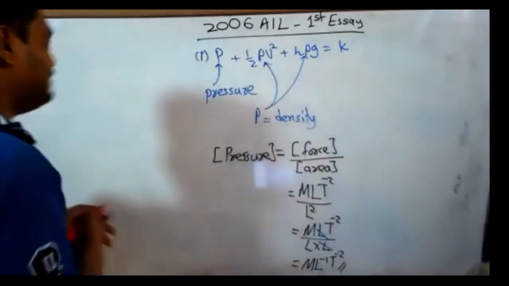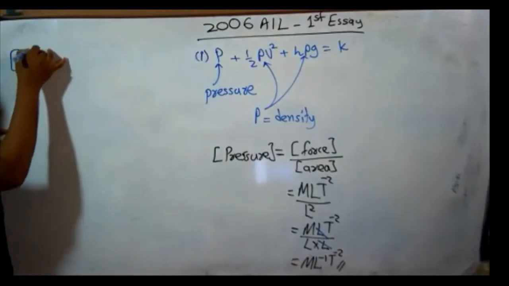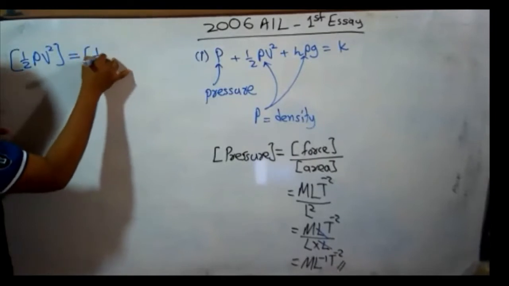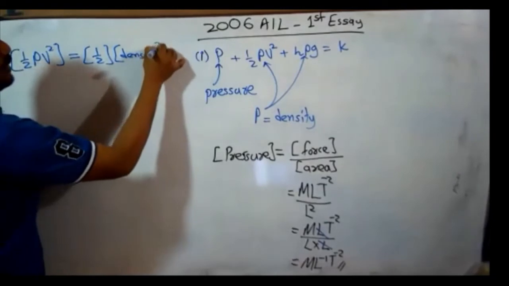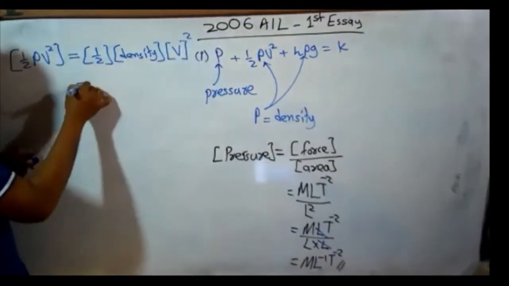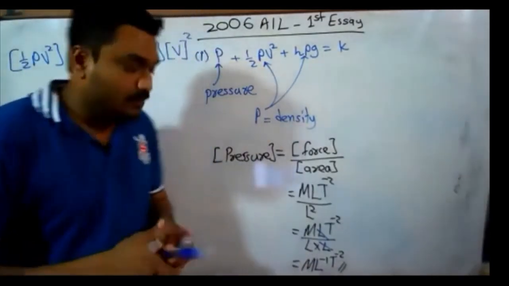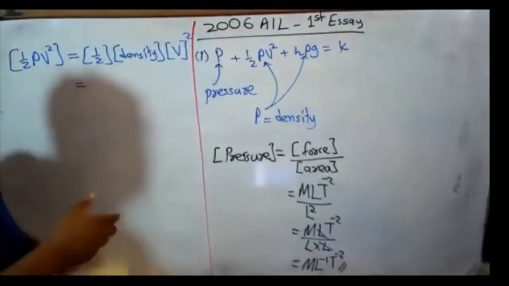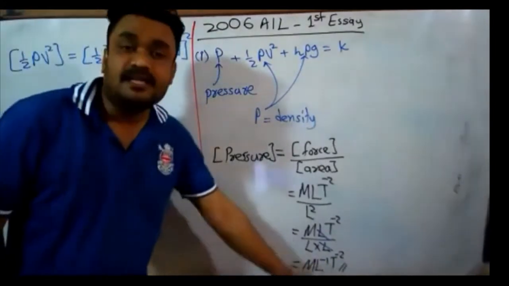So we should analyze the term half rho V squared, with rho for density and V for velocity, squared. We should prove that the dimensions of half rho V squared are also equal to ML minus 1 T minus 2.